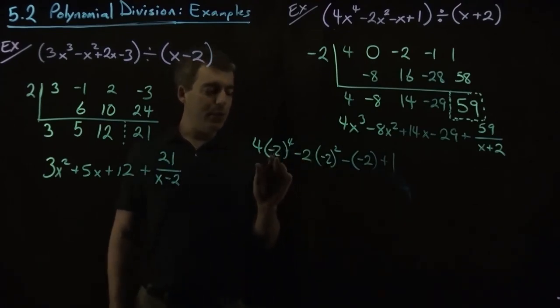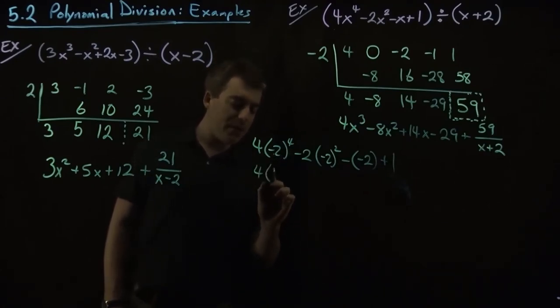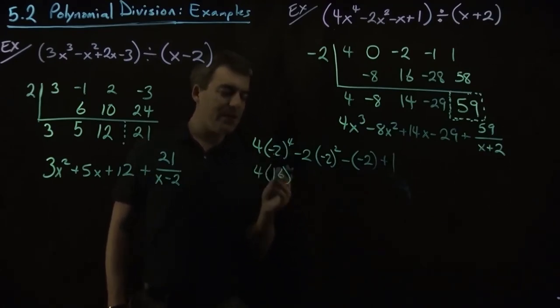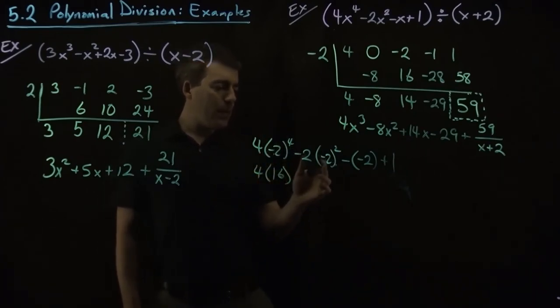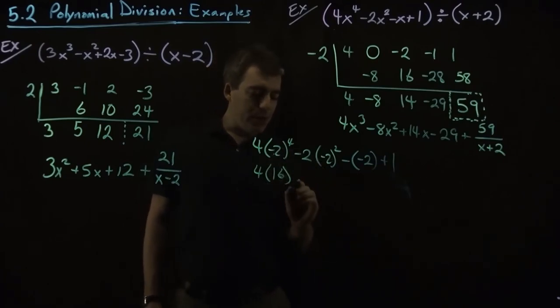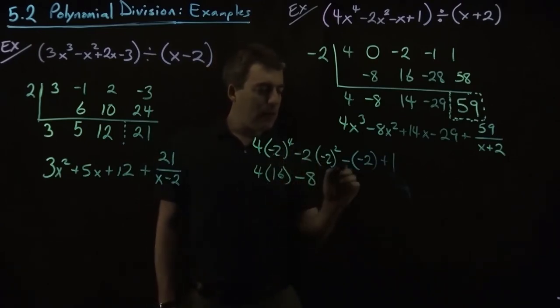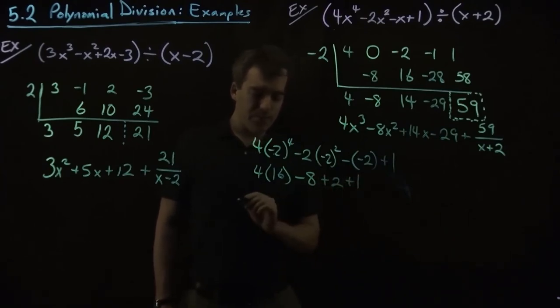So we have negative 2 raised to the fourth power, that's 16. So we have 4 times 16, positive 16 because negative 2 raised to an even power is going to be even. We have negative 2 squared, that's 4, times 2 is 8, minus 8, minus negative 2 is plus 2, plus 1.